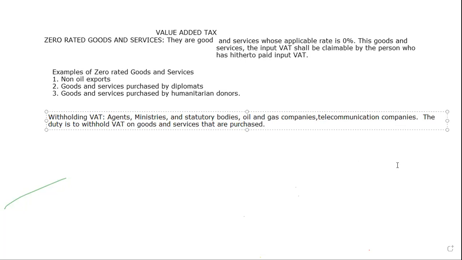Ideally, there are two things that make up VAT: input VAT and output VAT. The idea is they just want to ensure there's stability of input VAT and output VAT.